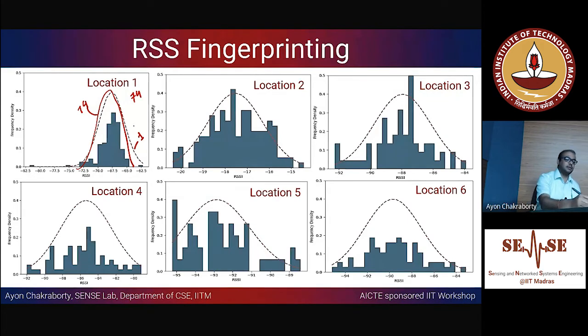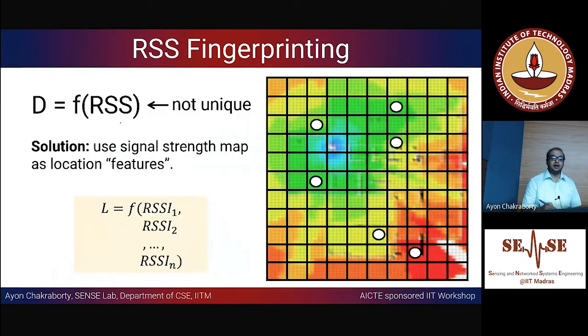This is for 1 and this is for 74. Then, given some values that you have collected, you have to classify, and you could be confused very easily between 1 and 74. So the uniqueness of the RSSI is also very important.